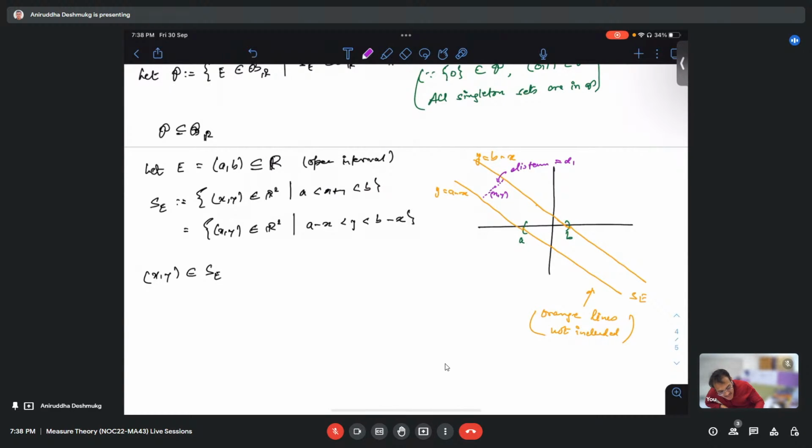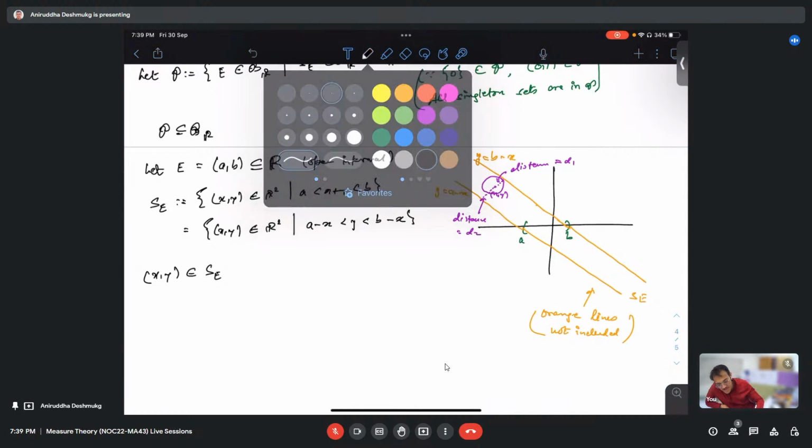Let us look at this distance and call it D2. Whichever is smaller, let us draw a ball of that smaller radius around xy. Then this will be completely contained inside this orange strip. So that is the general idea.